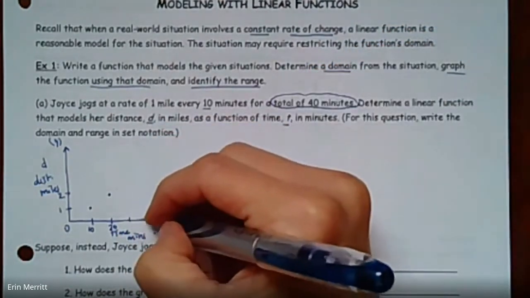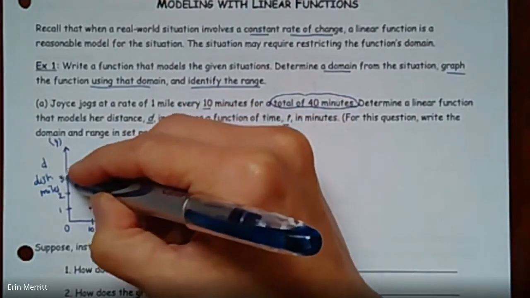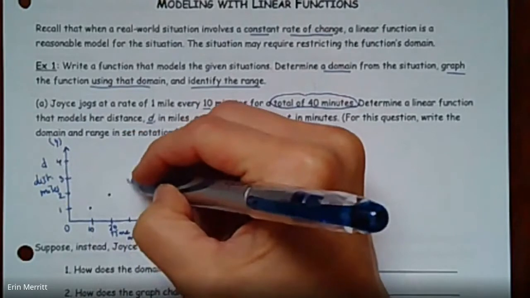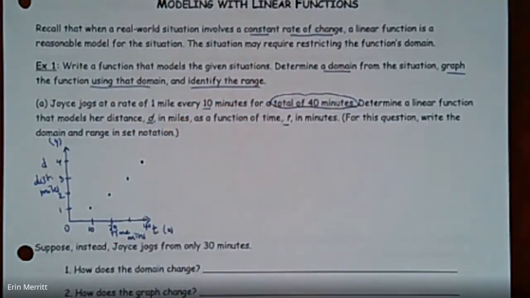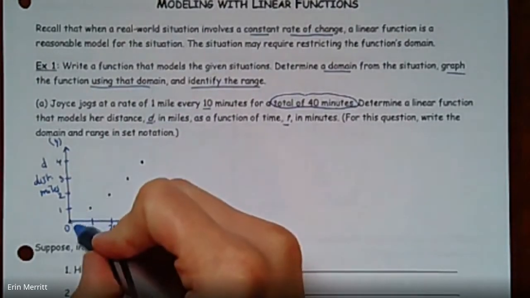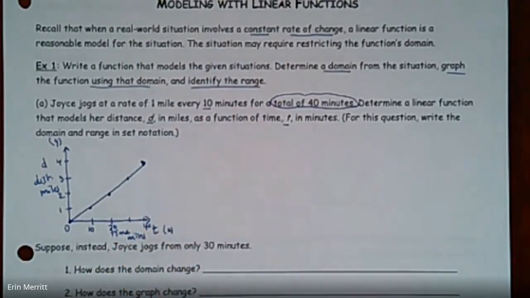So we can go all the way out to the 40-minute mark, which would make sense that she would have gone 3 and then 4 miles right there. So when it says draw it, it's only over that specific domain. So we can start at 0 and then sketch that you would just have that one little line segment here, right? Then it's saying model the function as an equation, right?